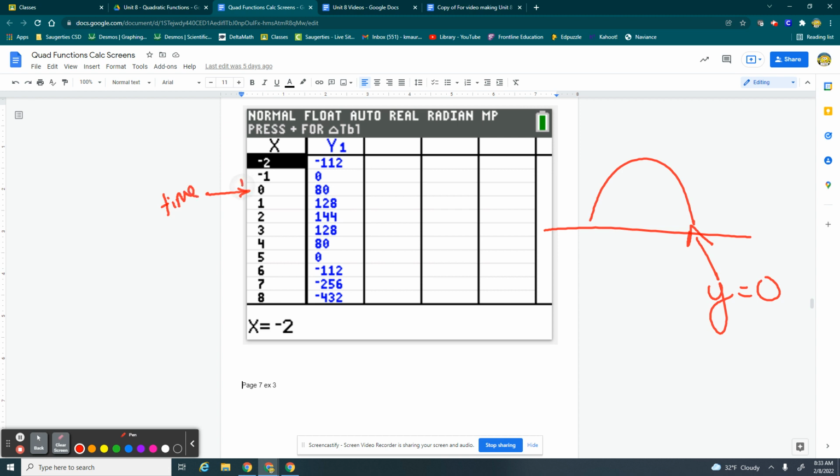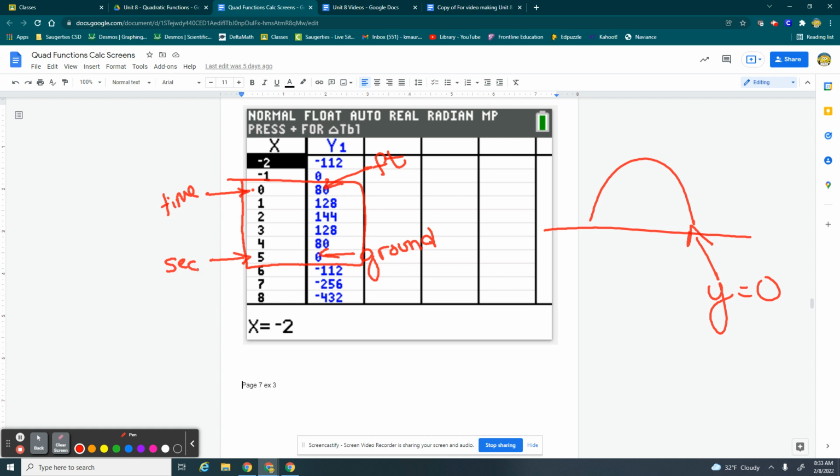So when you do these problems, you start when x is 0 and end when the y is 0. So on this table, what this is saying, when the time is 0, we're starting 80 feet in the air. And when we hit the ground, this would be 5 seconds.